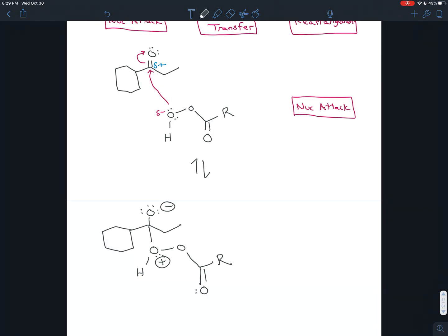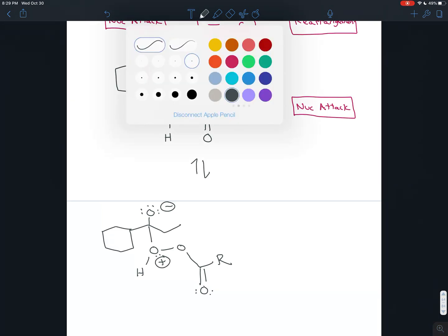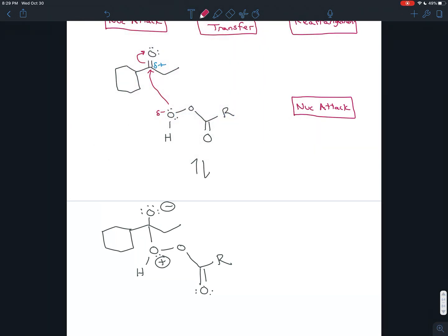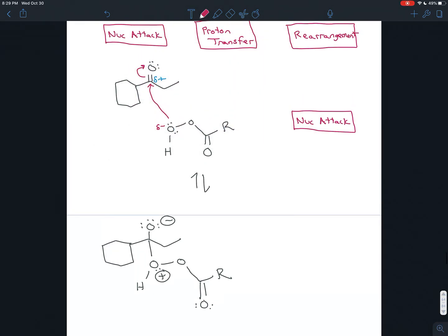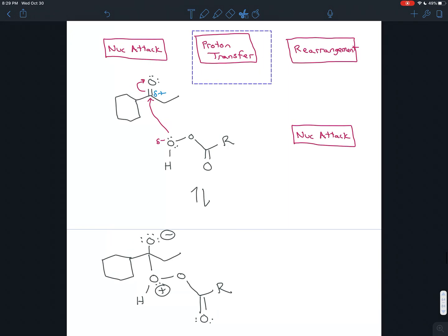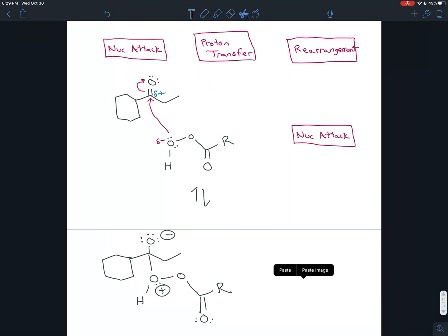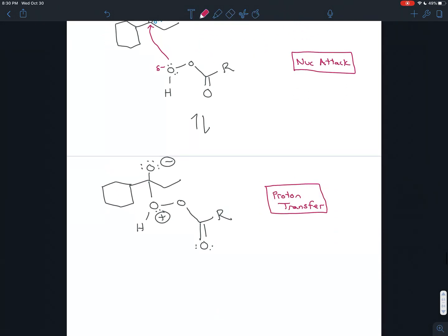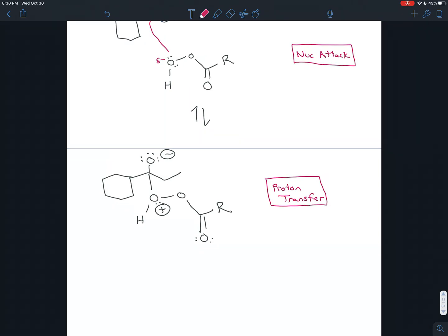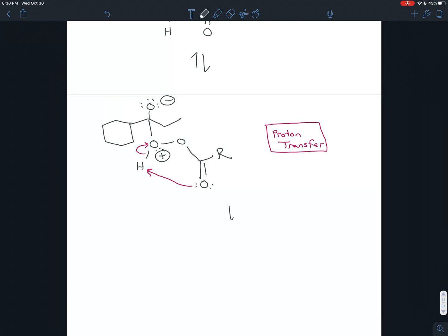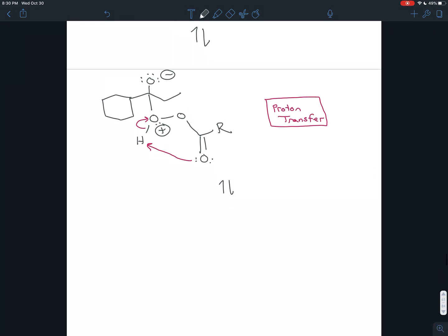Okay, well, that oxygen is very unstable with the positive charge. And so to stabilize it, you do a proton transfer. That is our next step here. And the oxygen in the carbonyl ends up stealing this hydrogen, and its electrons go onto the oxygen to stabilize the positive charge. So that is our proton transfer.